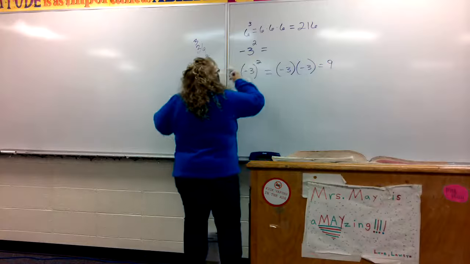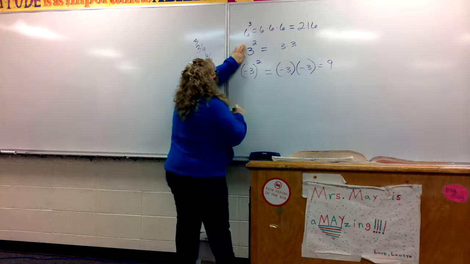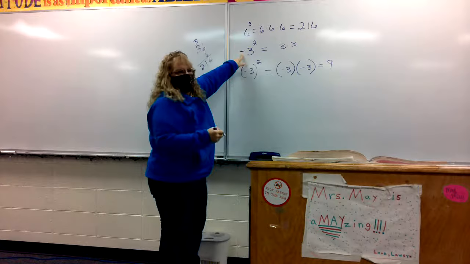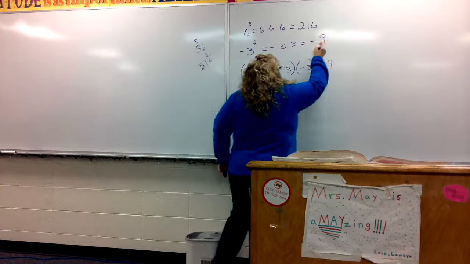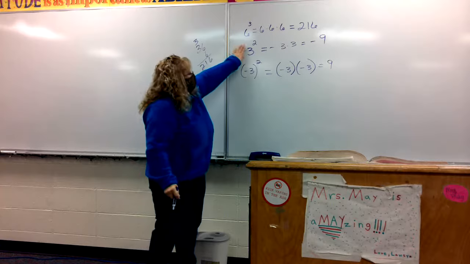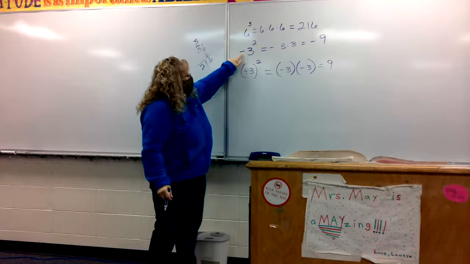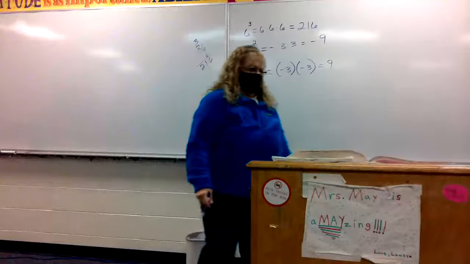When there's not parentheses, it means do 3 times 3, and then when you're all done, take the negative of it. So what is that? And it makes a difference, right? 3 times 3, and then take the opposite. This one means take -3 times -3.